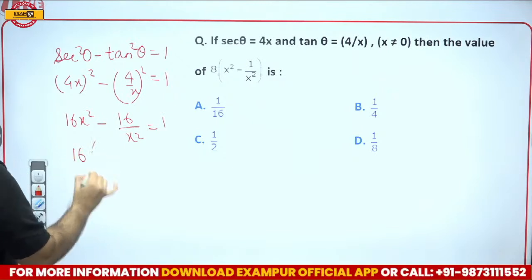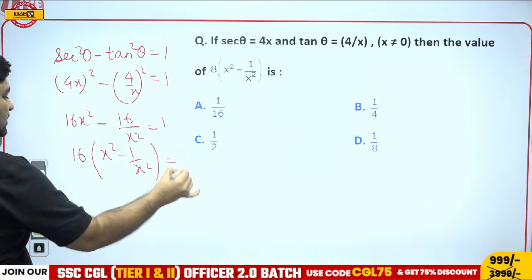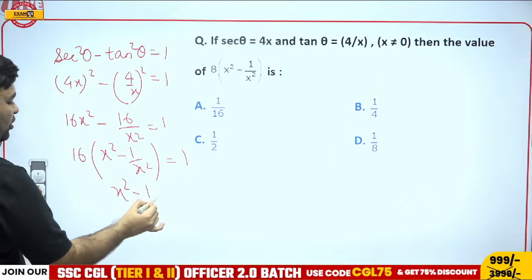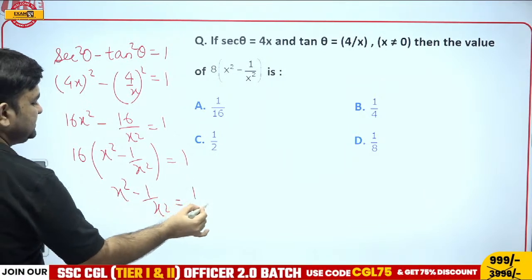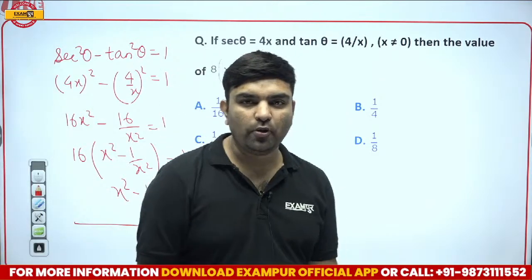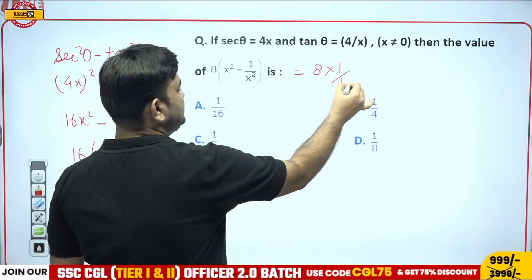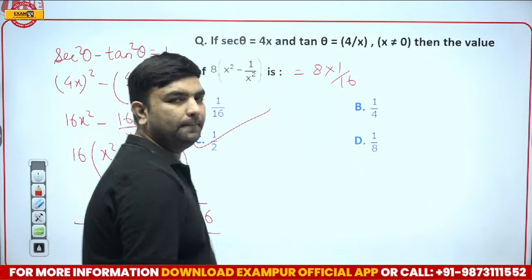Take 16 common. x square minus 1 upon x square is 1 by 16. So it is 8 into 1 by 16, 1 by 2, my dear.